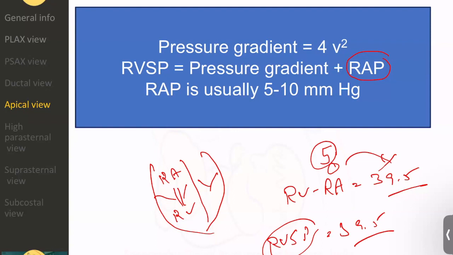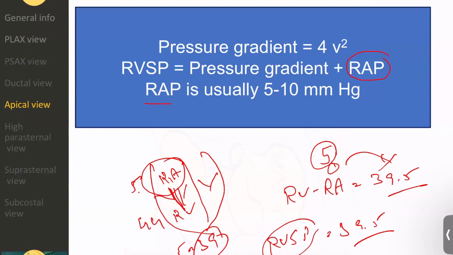So suppose here it is 44 and here it is 5. What is the gradient? The gradient is 44 minus 5, which is 39. The machine is calculating 39. So whatever the machine calculates, you add 5 to 10 to it, because the RA has that much resting pressure in a spontaneously breathing baby.